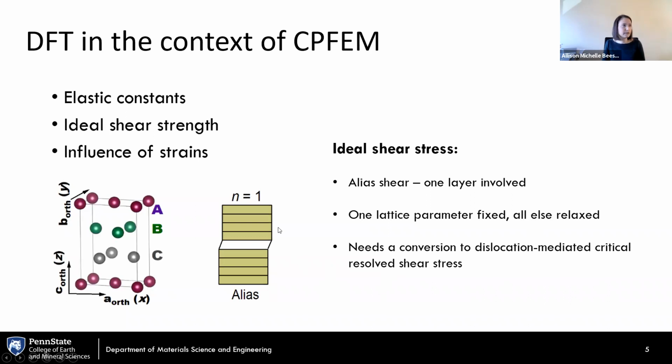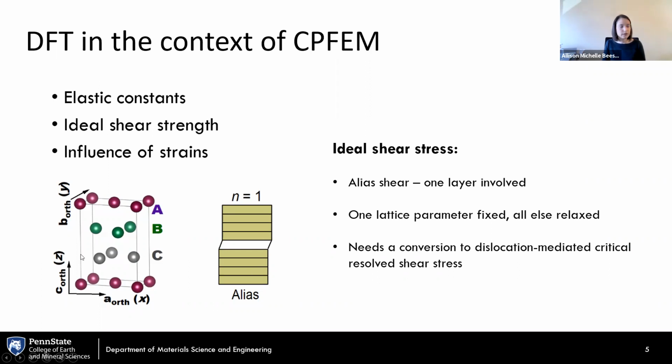So if we start off with DFT, what can we get from DFT-based calculations? We can get the elastic constants, we can get the ideal shear strength, and then we can also apply strains to see their impact on how the ideal shear strength or elastic constants change.